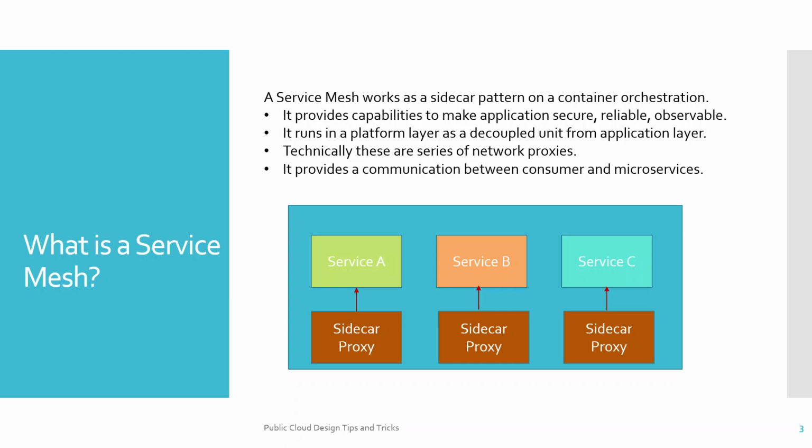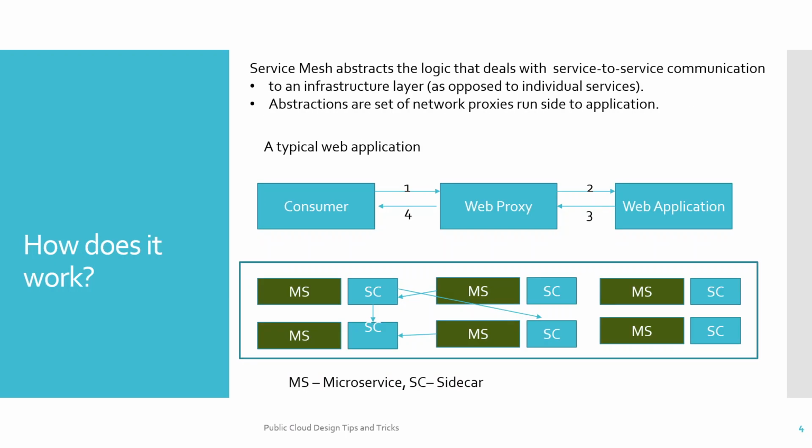Now, how it looks typically, if you follow the diagram, there are three microservices, service A, service B, and service C running in a container platform. And for each microservice, there are parallel sidecar proxies running. These are nothing but the service mesh. Now, how does it work?